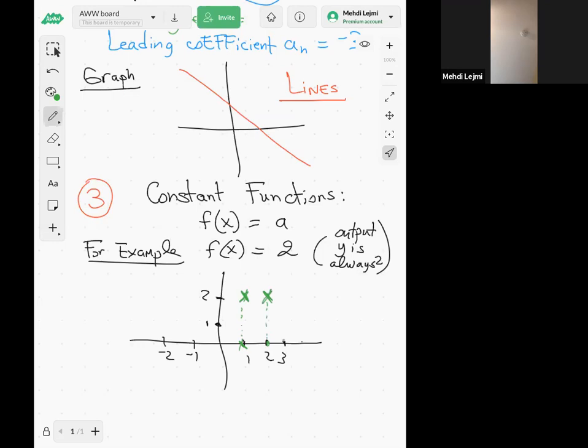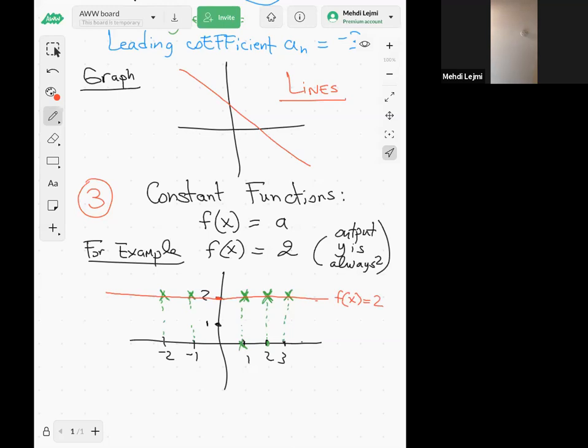When x is 3, the same output. It's always 2. So when you join all these points, here's 2. So this is f of x is equal to 2.